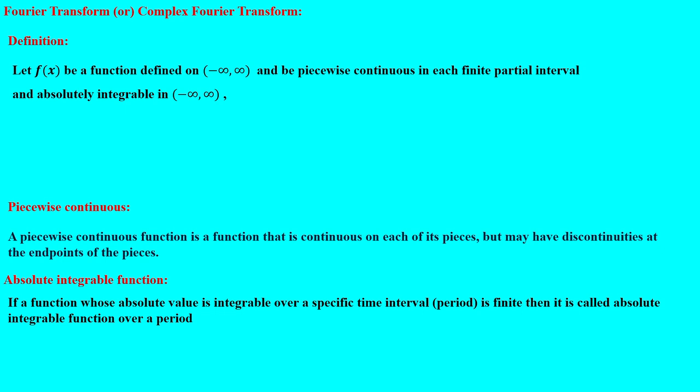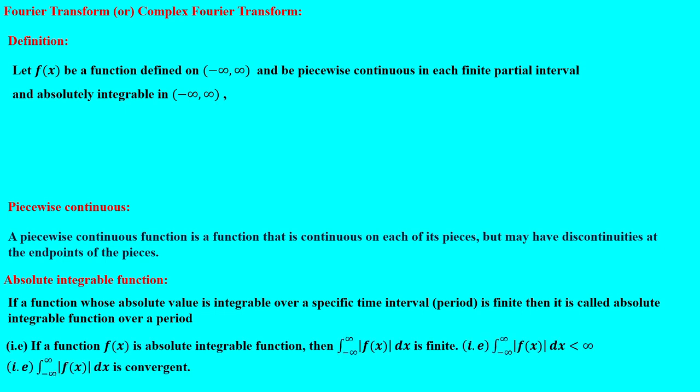For a function whose absolute value is integrable over a specific interval, if it is finite, then it is called an absolutely integrable function over a period. That is, integral minus infinite to plus infinite modulus f of x dx is finite.